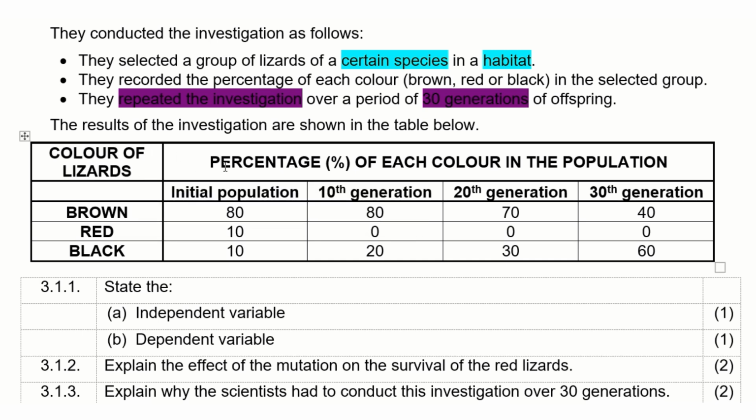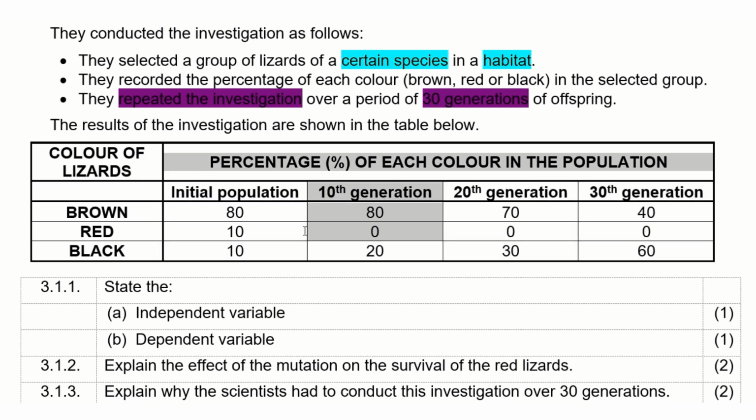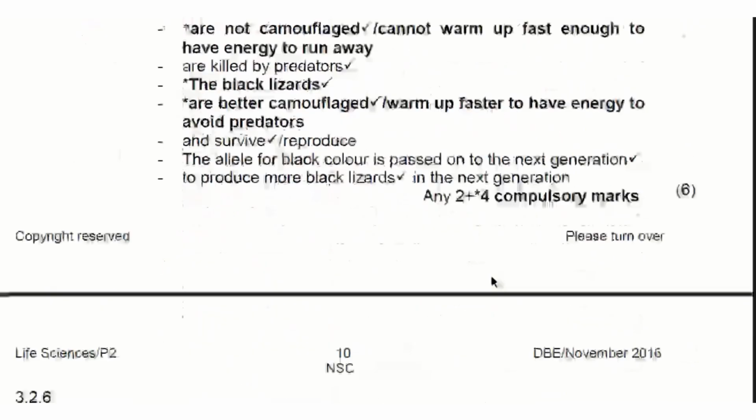Okay, so this is going to go on your x-axis, and then the percentage of the initial and the 30th population, that has to go on your y-axis. Okay, I'm going to move over to the memo so I can point out some of the things that you must look out for and you must do when drawing graphs to make sure that you get your marks.